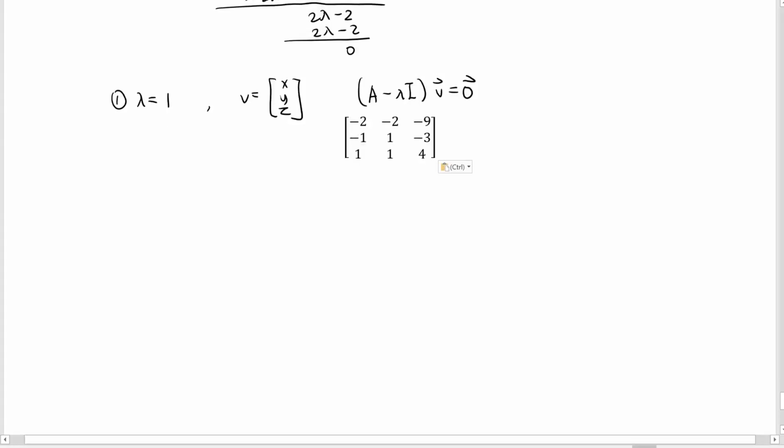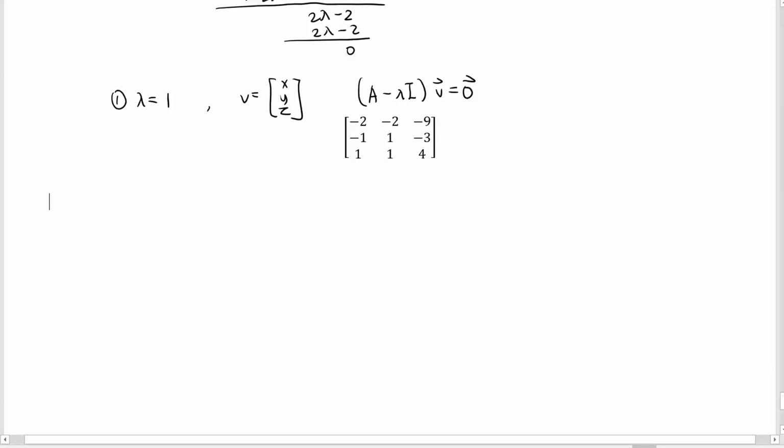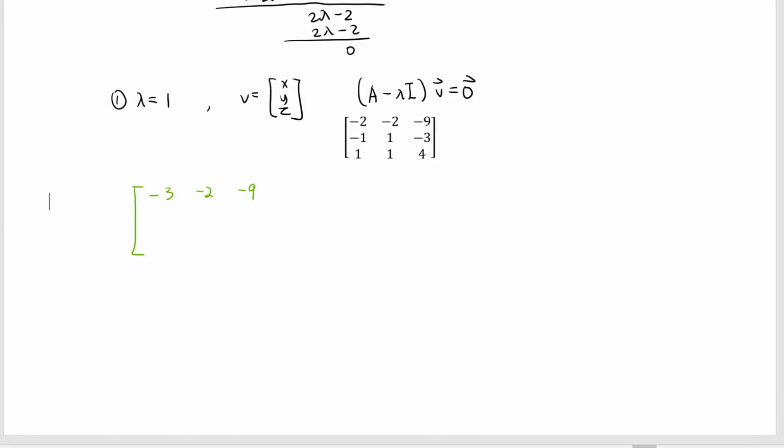So A minus lambda I is, let me use a different color. A minus lambda I, we subtract 1 on the diagonal elements. Negative 2 minus 1 is negative 3. 1 minus 1, 0. 4 minus 1, 3.